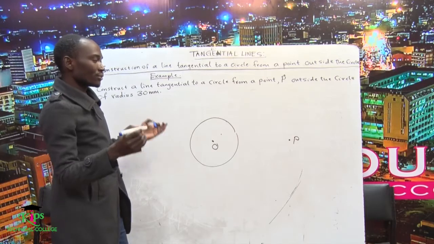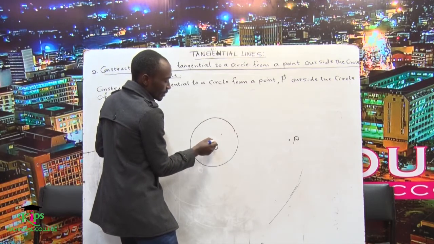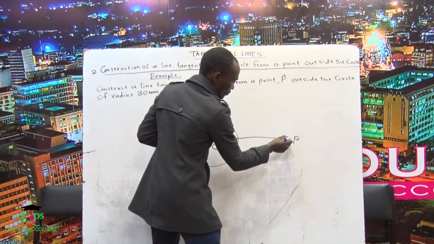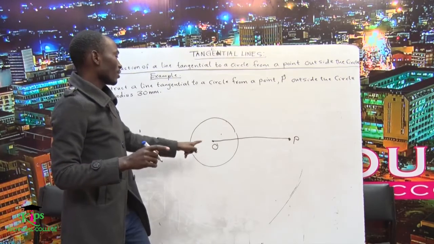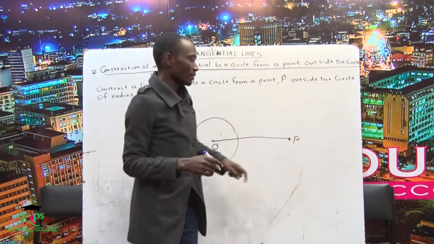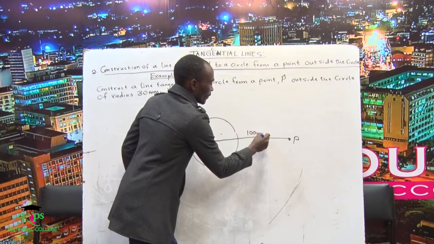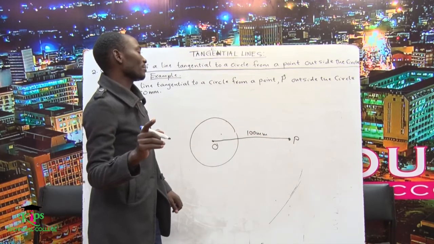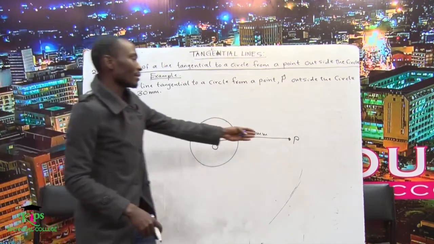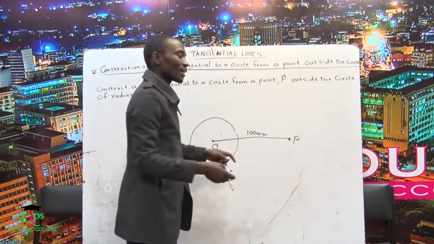So what do you need to do? You need to join these lines. You join a line from point O to point P. Let me say it was something like 100 millimeters. Then again, this is the point, just somewhere outside the circle.